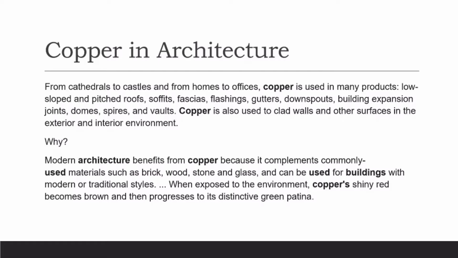Why? This is because modern architecture benefits from copper as it complements commonly used materials such as brick, wood, stone, and glass, and can be used for buildings with modern or traditional style. When exposed to the environment, copper will shine red, become brown, and then progress to its distinctive green patina.